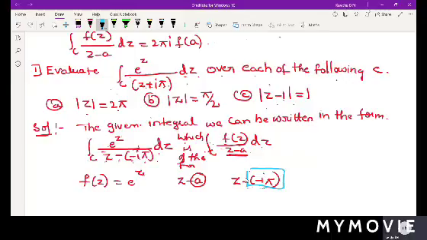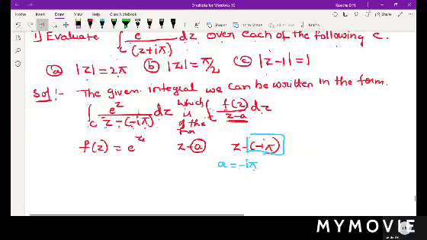This means a is equal to minus i pi. So f of z is equal to e to the power of z, and a is equal to minus i pi.